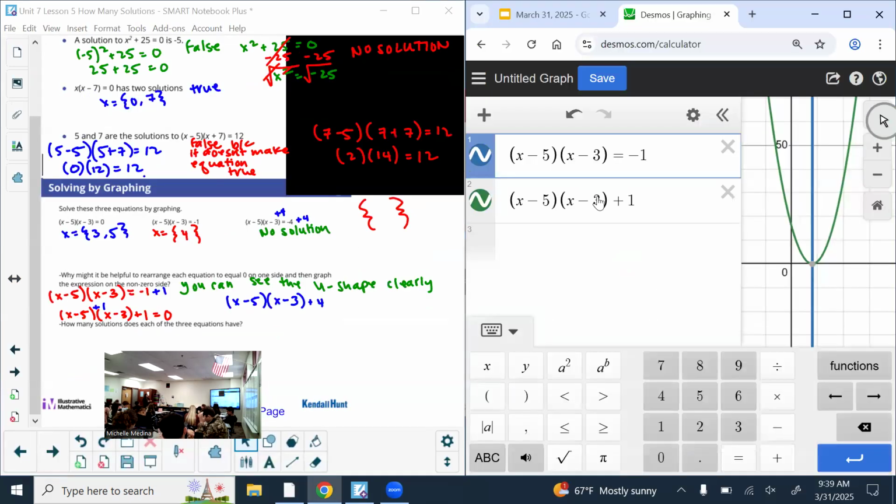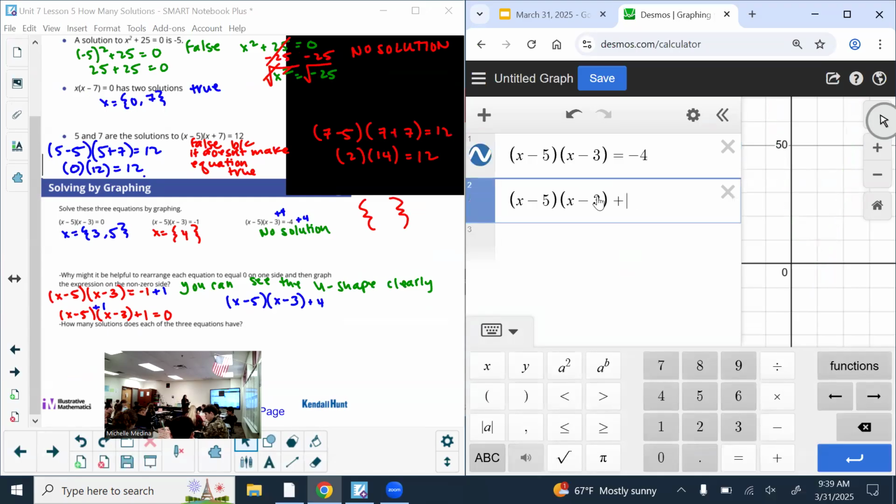So first, here's what you started with to see what the answers are. The blue, you don't even see it right now. This is what we just talked about. If we rearrange it to equal 0 and only graph the non-zero side, you can see the U shape clearly.